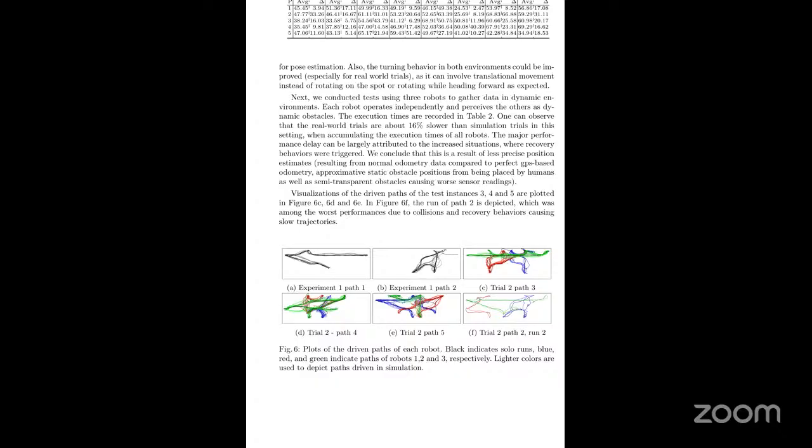In this paper, they are saying that experiment 2, run 2 was not good because collision recovery behavior and slow navigation happened.